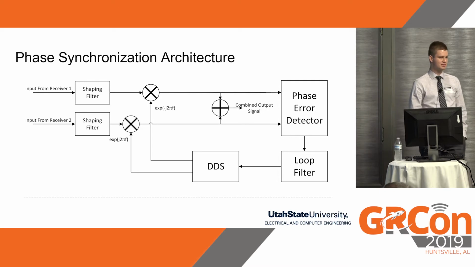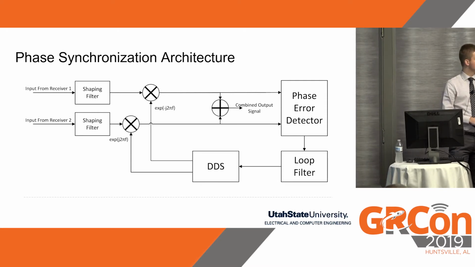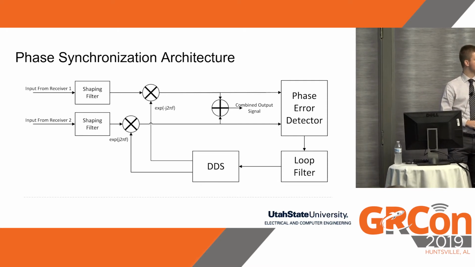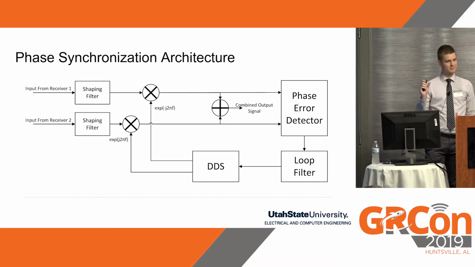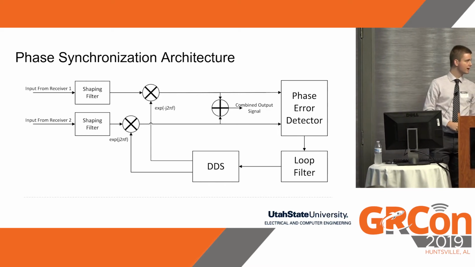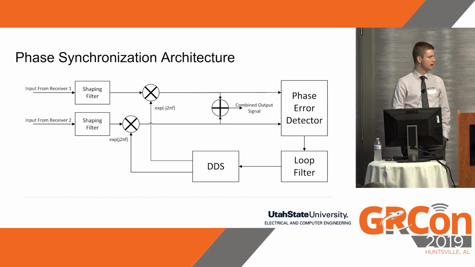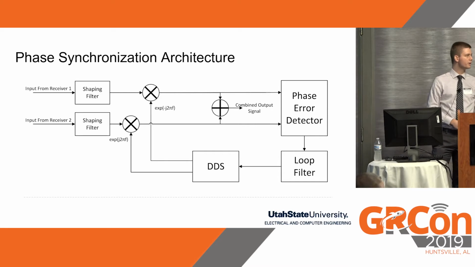What this essentially does is it looks only at the transition region where some of the signal is shared between both of these chains, both these lines, and it detects the phase difference between the two. That drives a signal that's proportional to the phase error, which then goes through a loop filter, drives a synthesizer, which shifts the phases on these complex exponentials that are being used to shift the signal. And then finally, they're added together to produce the combined signal output.